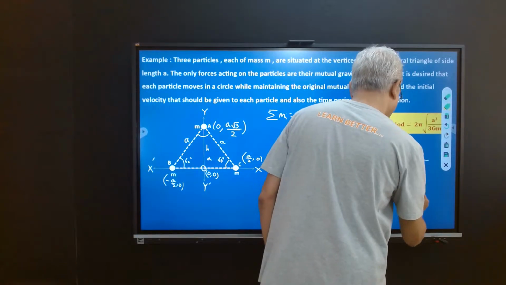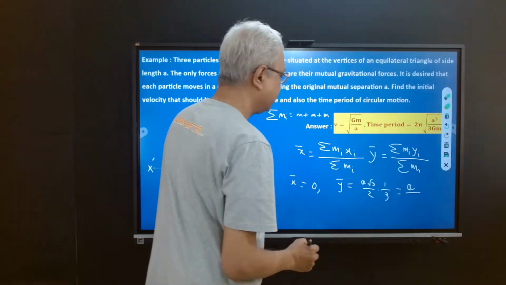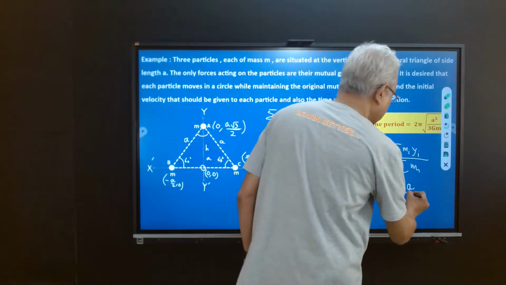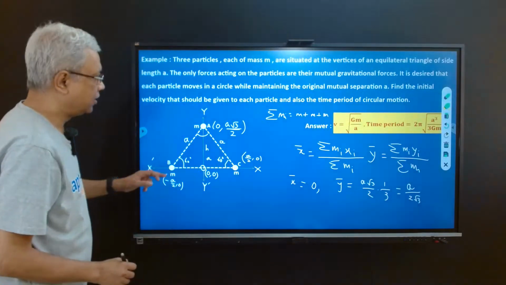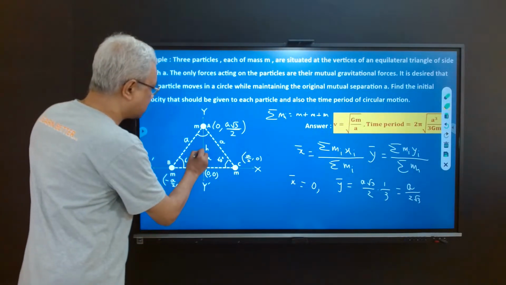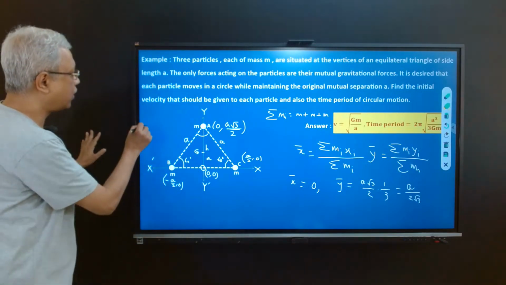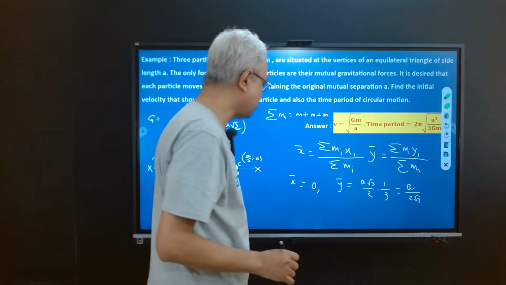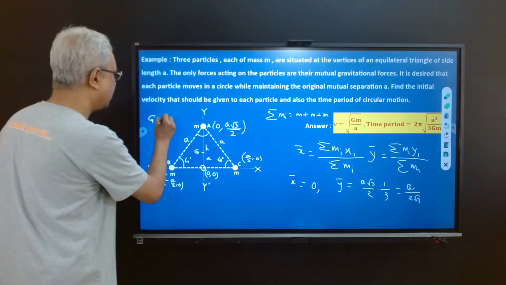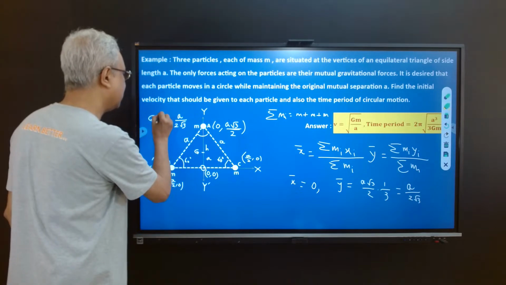So it is a by 2 root 3. Okay, so the center of mass, for the time being, let us call it G. So the coordinate of G is 0, a by 2 root 3.